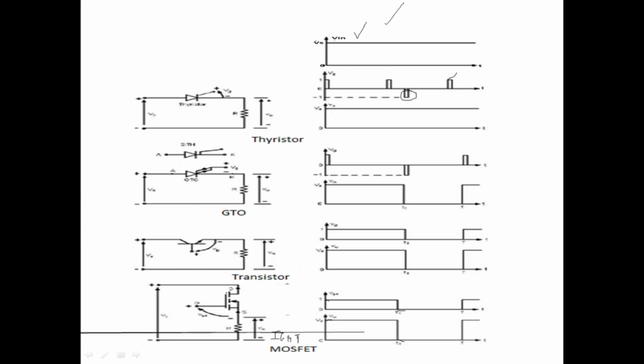It has terminals called gate, collector and emitter. The IGBT is shown with this symbol. This is the gate, this is the collector, and this is the emitter.